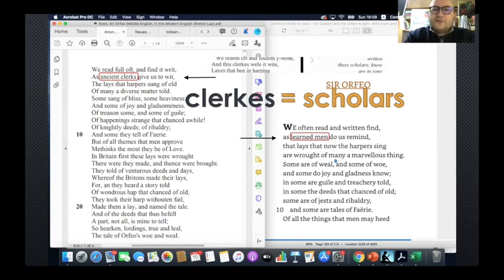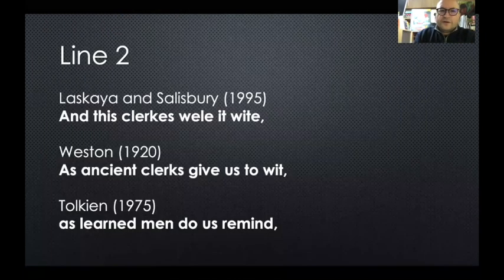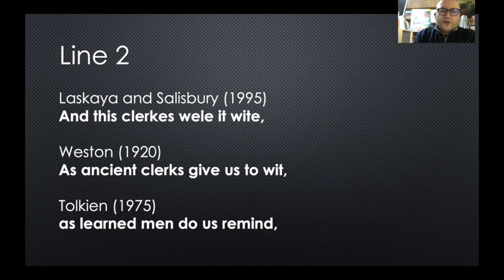And this has a little bit different nuance for me. And let me show here, this is divided out, you can see the three versions. And I noticed that in Tolkien's, he says remind. So for me, this is much different than the original, and is kind of shedding light on what he was thinking.